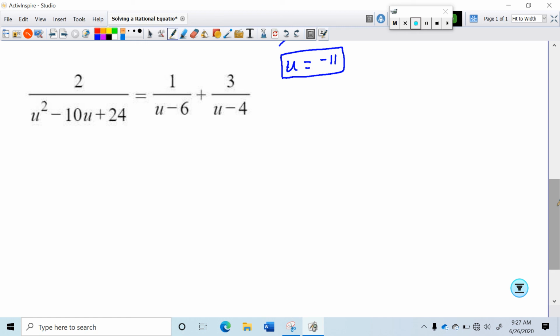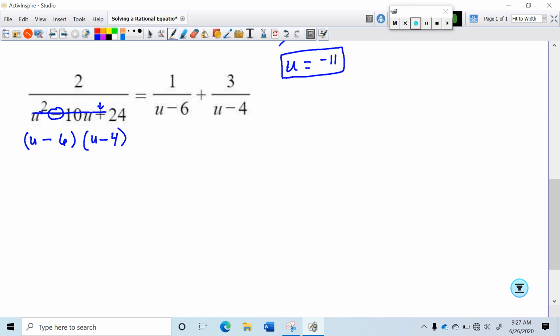Okay, the next one, I have a trinomial, so I'm going to factor that. So split up my u's, bring down the first sign. I've got to get a positive for the second sign, so a negative times a negative is a positive. The factors of 24 that when I add them equal 10 are 6 times 4, put the biggest one first.